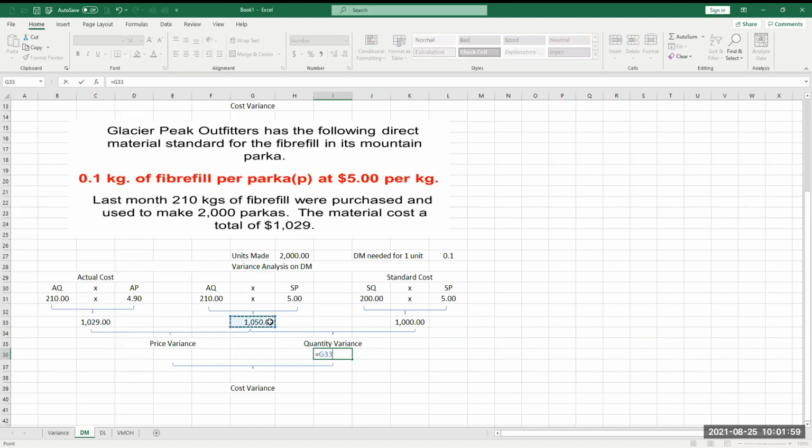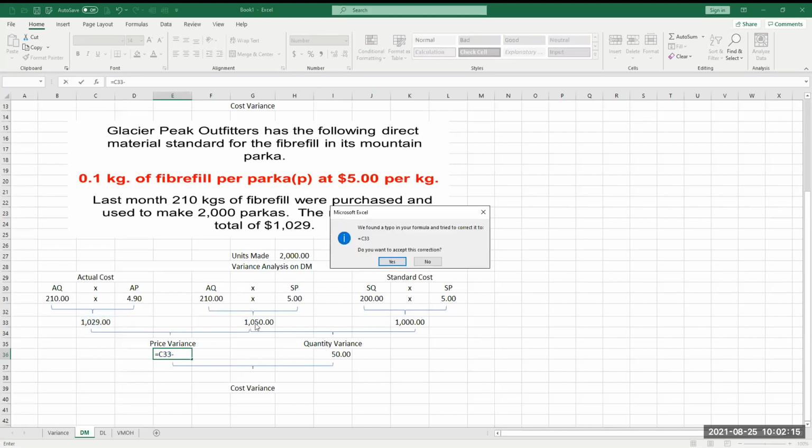This cost minus the standard cost, correct? Okay. $50. Price variance. Can I calculate my price variance? Of course. I'm going to get the actual cost minus that middle cost.